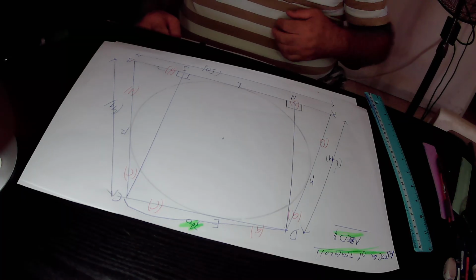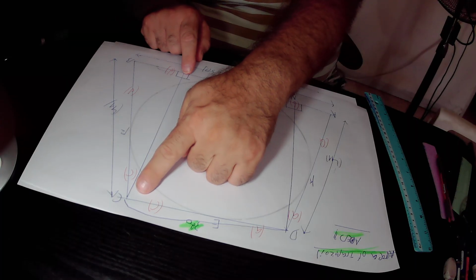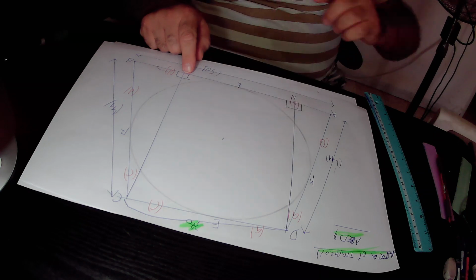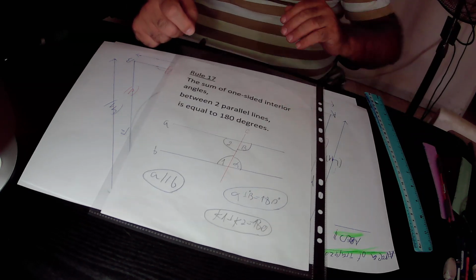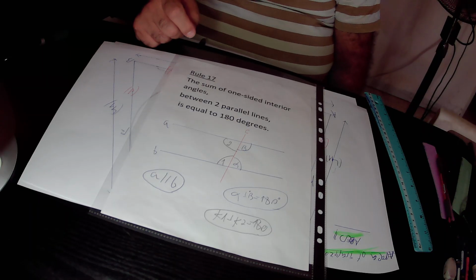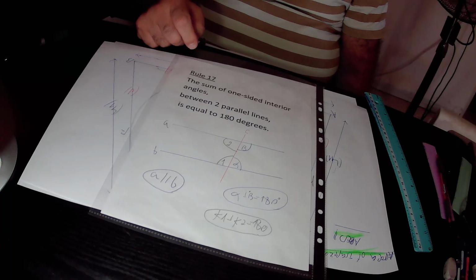According to Rule 17, the sum of one-sided interior angles located between two parallel lines is equal to 180 degrees.